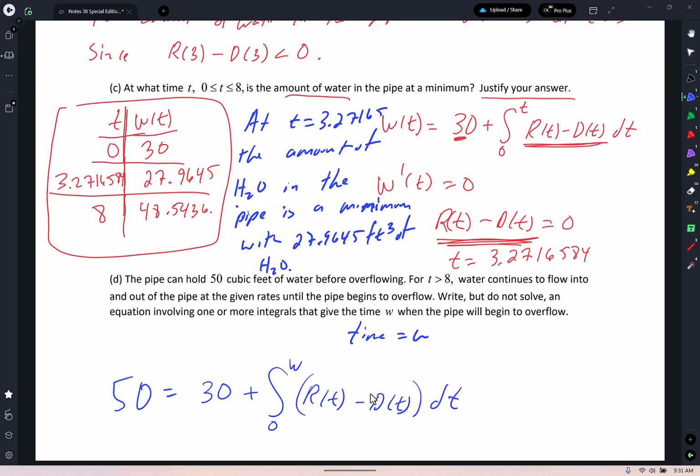I think we got it right. The pipe can hold 50 cubic feet of water, and the water continues to flow at the given rates until it overflows, right? But they're not solving an equation involving one or more integrals that give the time W when the pipe will begin to overflow. Yep, I think it is how much water is in the pipe. This tells you how much water is in the pipe. So it begins to overflow once I reach that. Right, but they're not solved. Do I need an equality? No, because that's how much water it can hold.